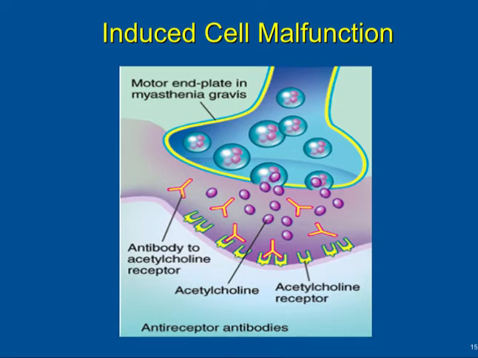These antibodies go into the receptor area and block the acetylcholine that needs to target those receptors and activate muscular contraction. If it's blocked by these antibodies, it decreases the effectiveness, or it won't let acetylcholine work there. That's why they end up with muscle weakness. So once again, this is an antibody complex that causes cellular dysfunction.